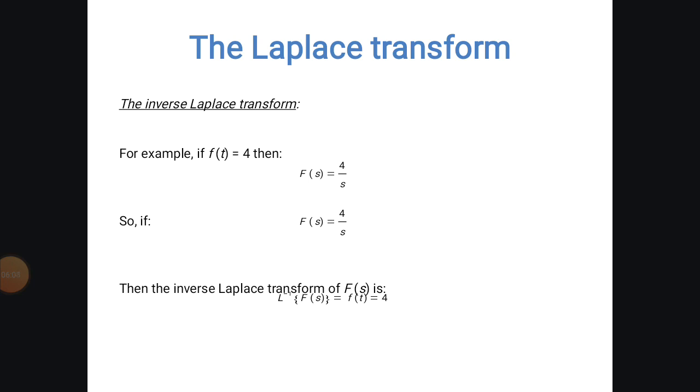That is, the Laplace inverse of F of s is the Laplace inverse of 4 by s, and the Laplace inverse of 4 by s is f of t, that is, it is 4, right? So the Laplace inverse of F of s is 4 for this case where F of s is 4 by s.